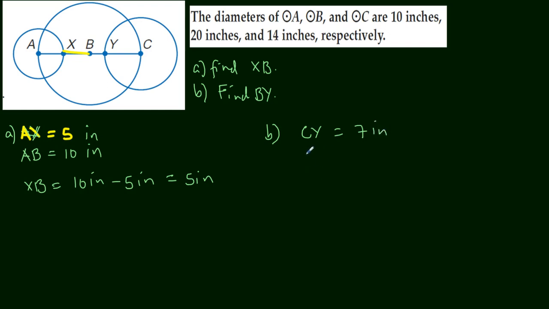And BC is equal to AB, which is 10 inches, as we declared here. That means BY is equal to 10 inches minus 7 inches, which gives us 3 inches.